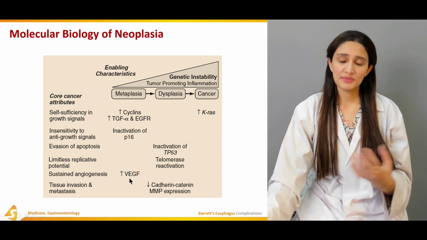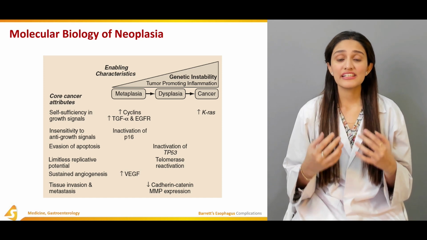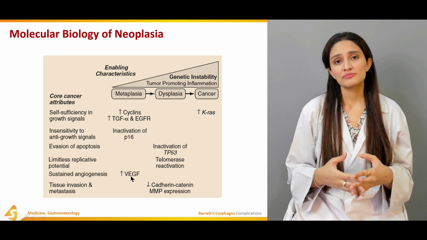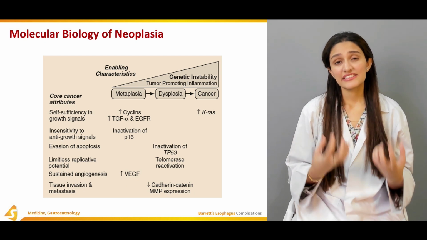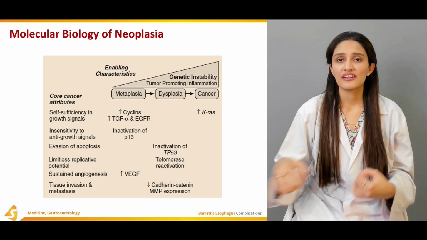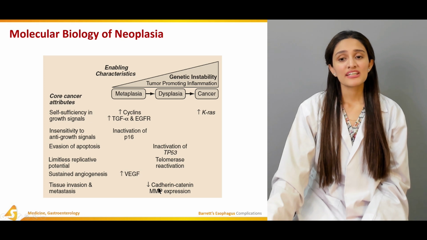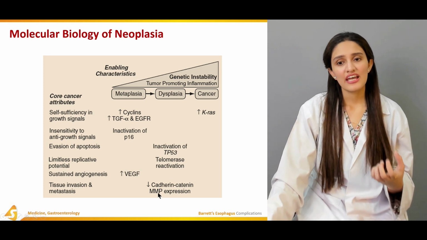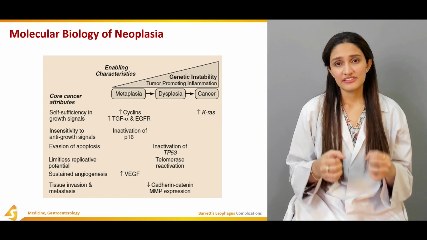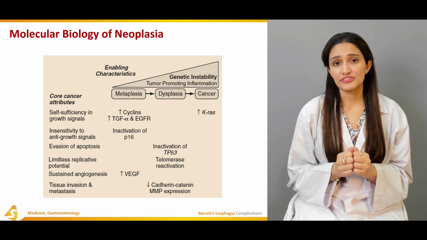And then these neoplasms acquire their blood supply by the increase of the vascular endothelial growth factor. When this growth factor is increased, they sustain angiogenesis and they have a very rich vascular supply within the tumor cells. And then lastly, the cadherin and catenin expression. These proteins help the cells to be tightly attached to one another.